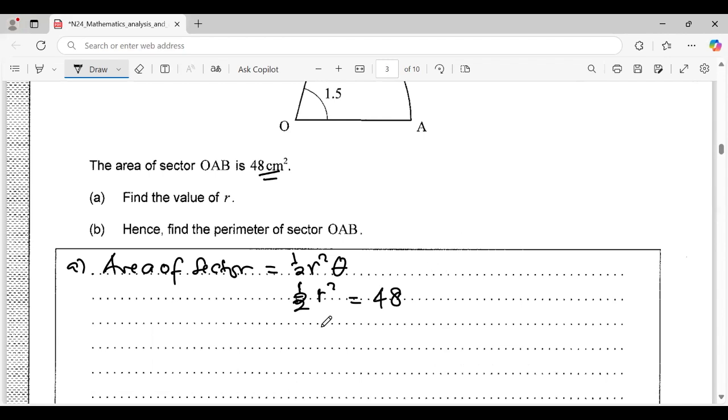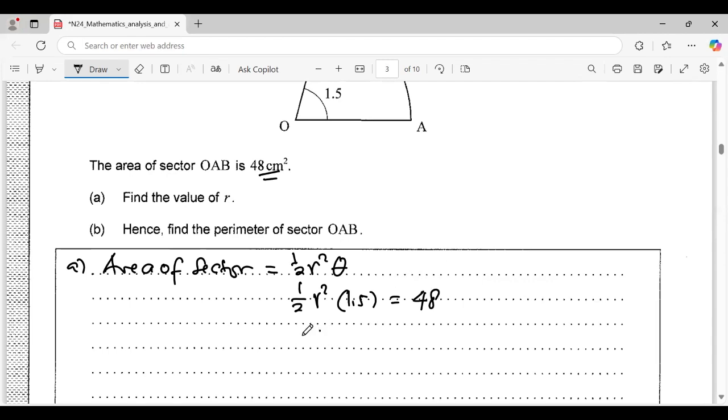Sorry, I forgot theta. It's supposed to be like this. One half R squared times 1.5 equals 48.